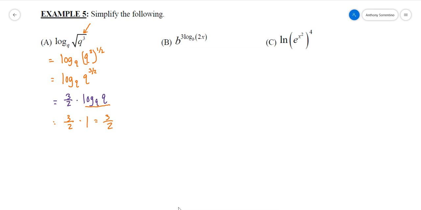For B, I want you to give it a try and see if you can come up with the correct answer. Keep in mind that I don't have a situation yet where the B exponential base and the logarithm base B are right next to each other. This 3 in front of the logarithm is in between them and prevents me from just doing a cancellation.